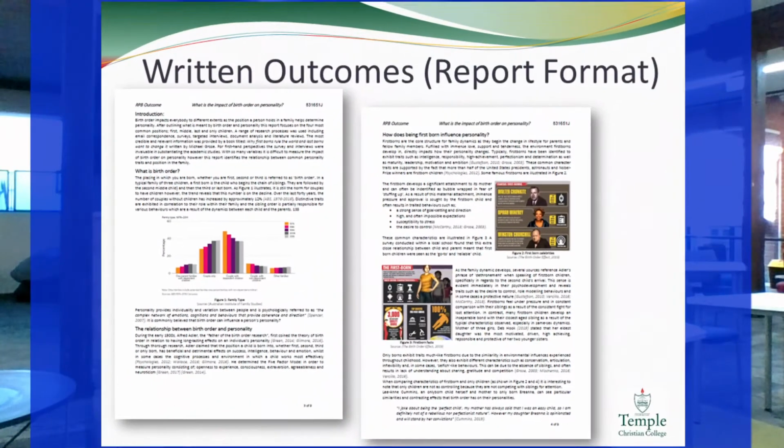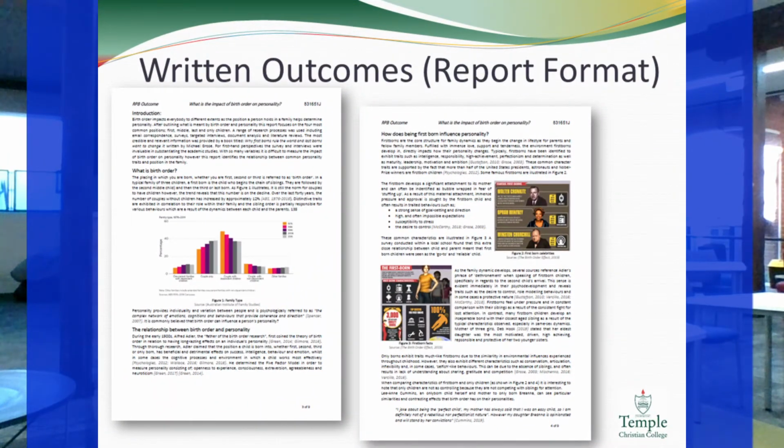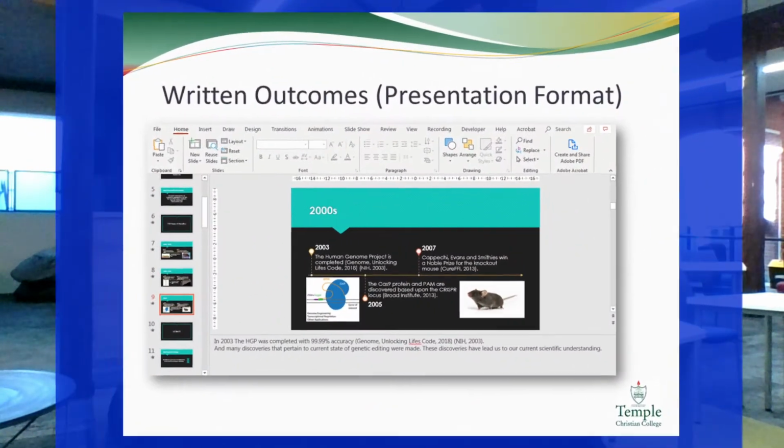Another example of a written report. These are just pages selected out of a bigger report. Here there's a good graph that would be referred to in the text as evidence, but also some other images that would be referred to. They are all good things to include.